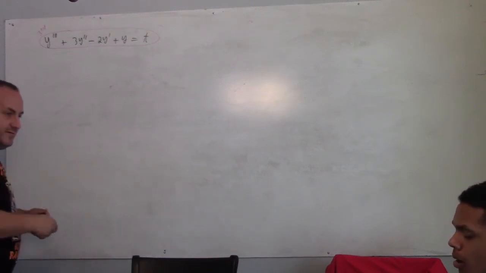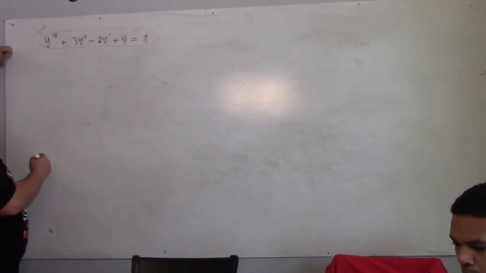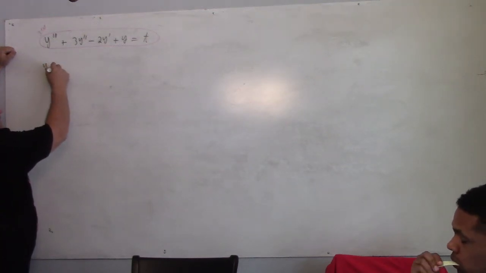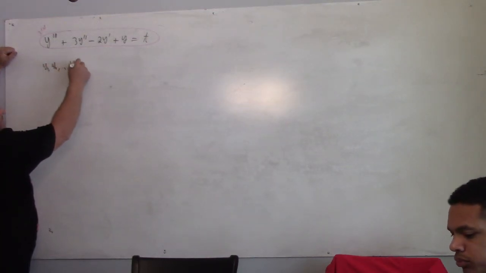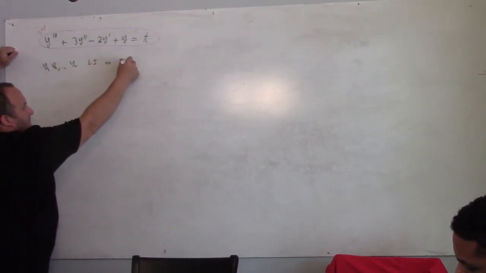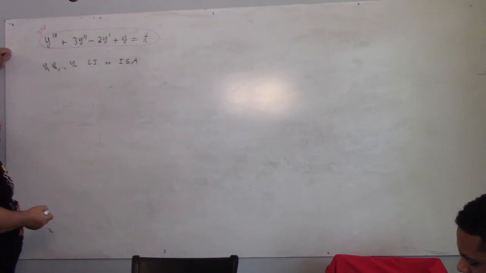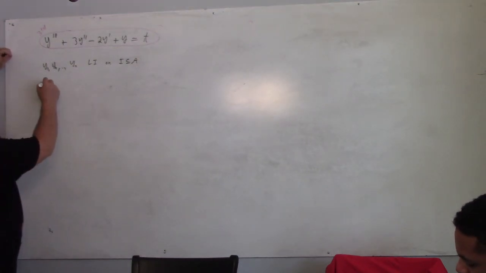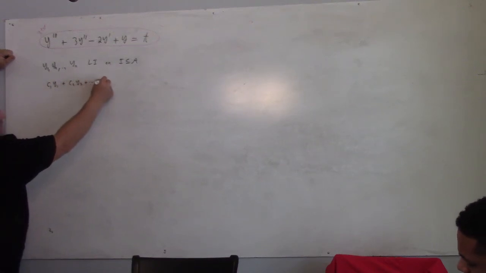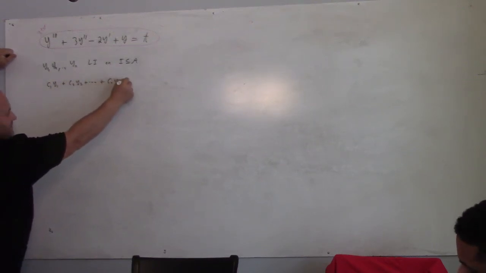Suppose you have linearly independent functions y1 through yn on some subset I. So you've got c1 y1 plus c2 y2 plus ... plus cn yn equal to 0.